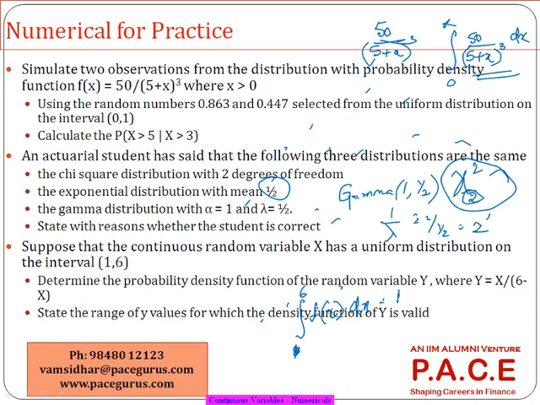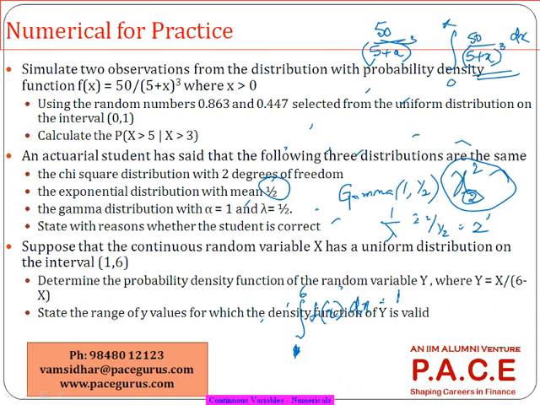Now he is asking me for y equal to x by 6 minus x. So all I may have to do is express y in terms of x and then do the integration part.